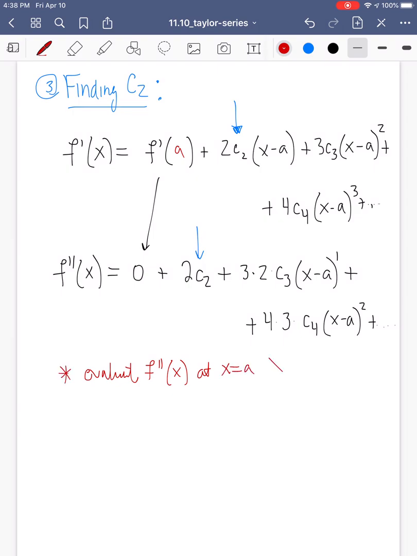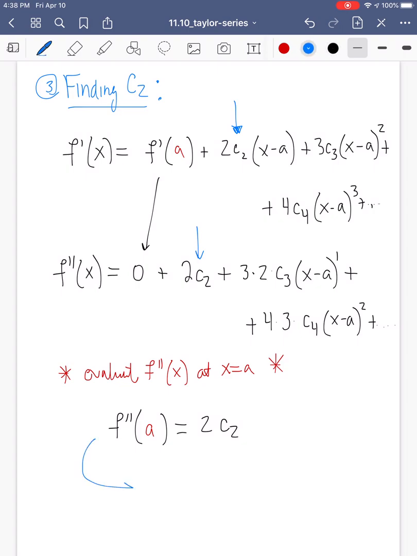And when we do that, it's going to wipe out the x minus a to the first terms, the x minus a squared terms, and all those higher order terms. And what we'll just get will be the following. We'll get f double prime evaluated at a equals 2 times c2, because all those other terms are going to 0 when we evaluate at x equals a.